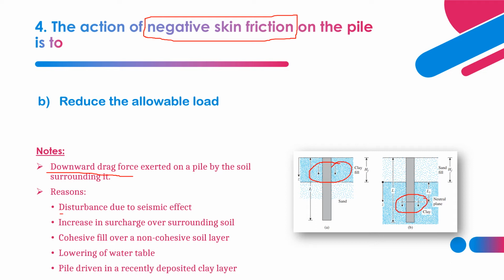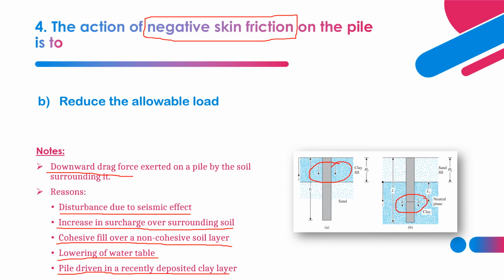One can be disturbance due to seismic effect, or an increase in surcharge over the surrounding soil, or cohesive fill over a non-cohesive soil layer. What it means is clay over a sand. It can also be lowering of the water table, or a pile driven in a recently deposited layer.